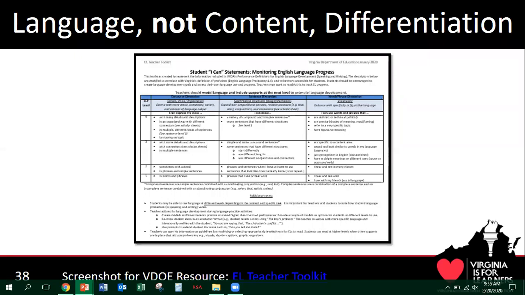If it says to evaluate, then all of my students in that room need to be able to evaluate. It might be in single words and phrases. It might be using a bank of words that are evaluative, like strong or needs support, whatever those criteria are. But I'm not changing what I'm asking students to do.